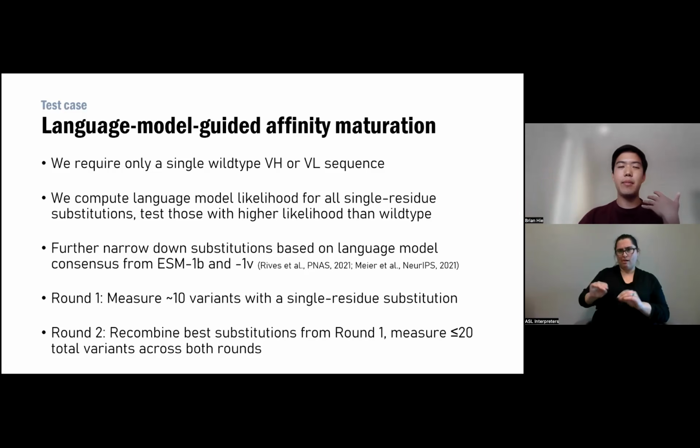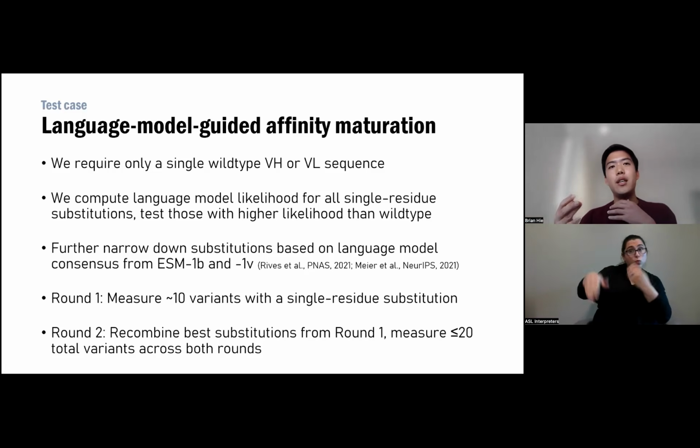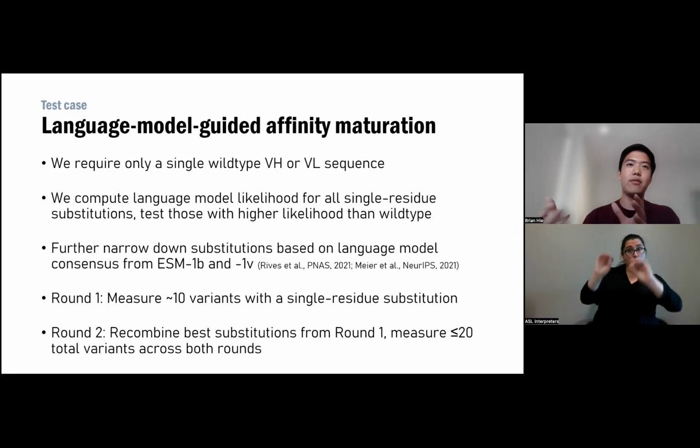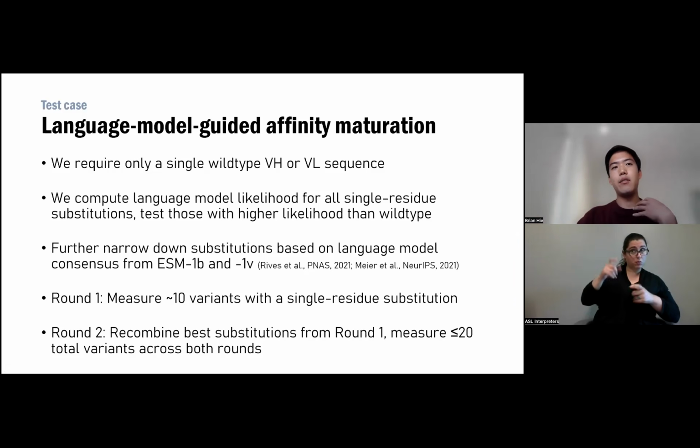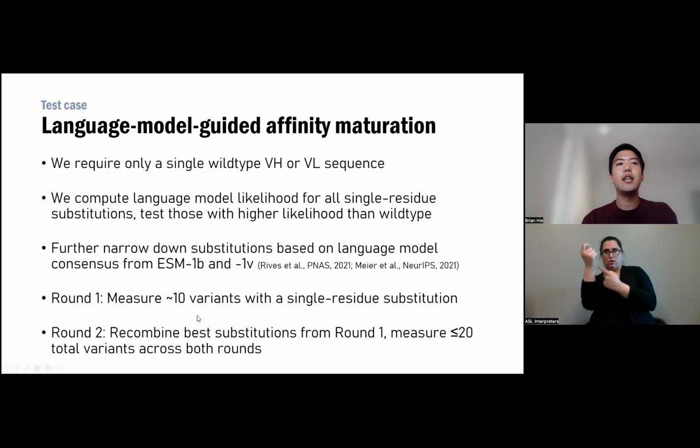In some cases, we combine all possible combinations of the best performing substitutions, and in others we manually recombine them because the space is just too large. In total, we measure 20 or fewer variants across both rounds of evolution. So this is a very, very low throughput evolutionary process.